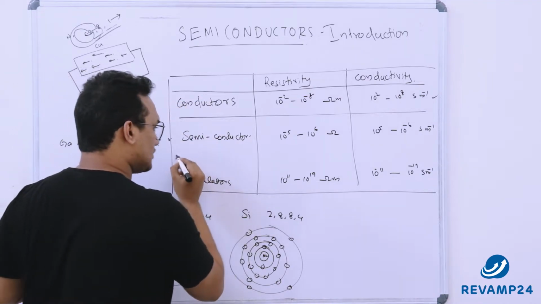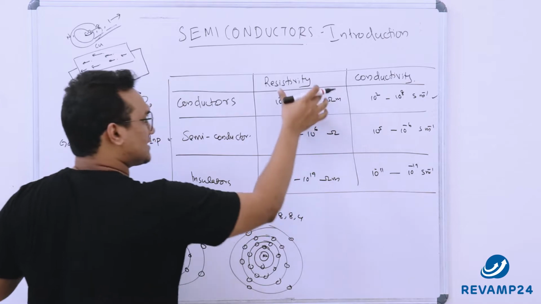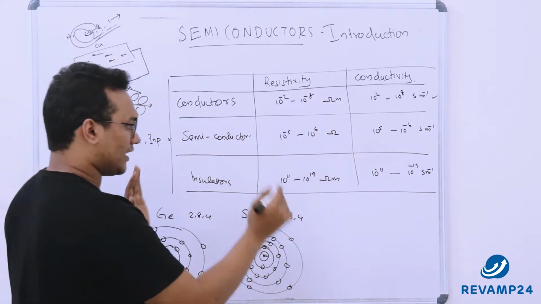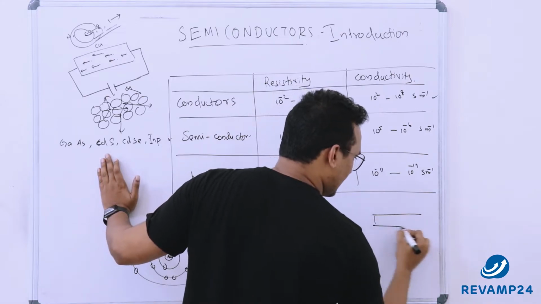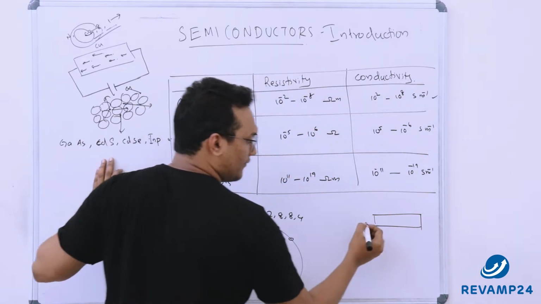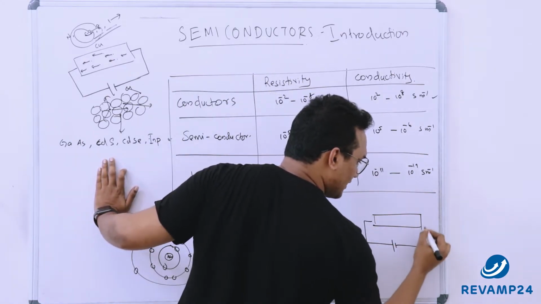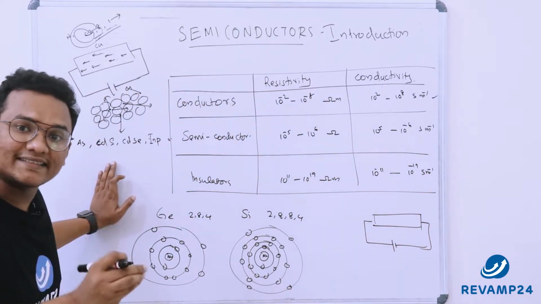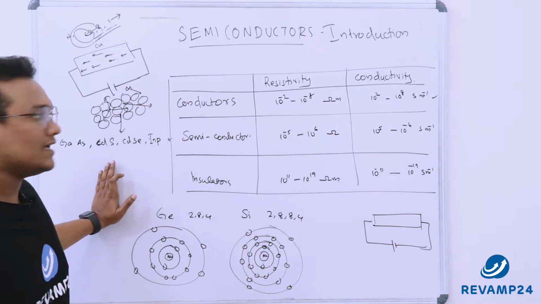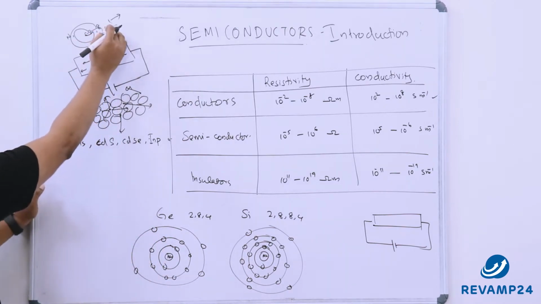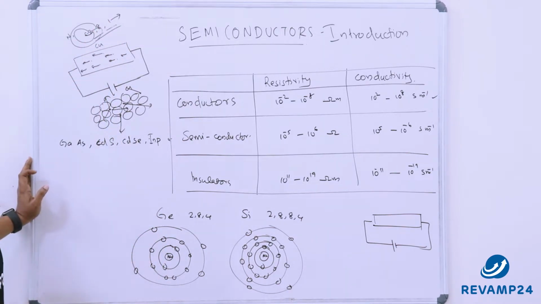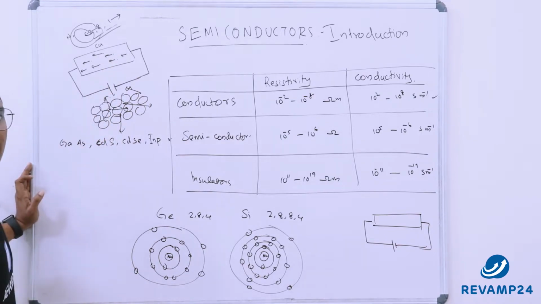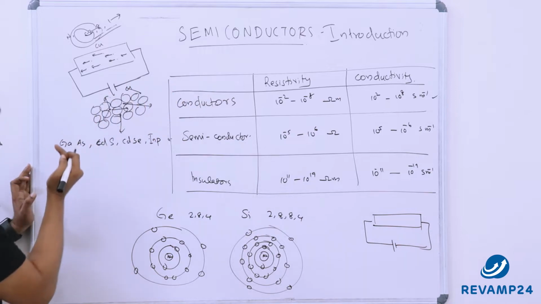Now in the case of an insulator, the resistivity is very high, which means when I am providing a potential difference across an insulator, it doesn't allow charges to move. What is the reason? It doesn't have any charge carriers inside. In the case of a conductor, I told you there will be one free electron. These free electrons, when applied with potential difference or electric field, would be drifted, right?